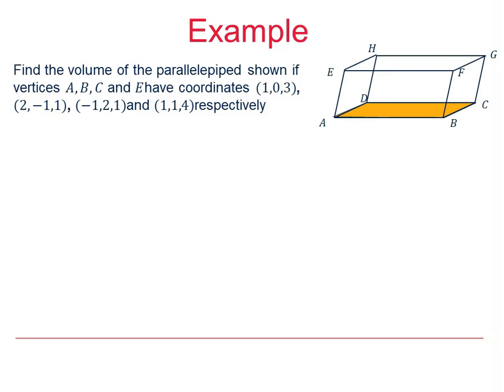So this question defines the parallelepiped by giving us the coordinates of four of the corners, A, B, C and E. And obviously from those four coordinates we can calculate vectors AB, BC and AE.